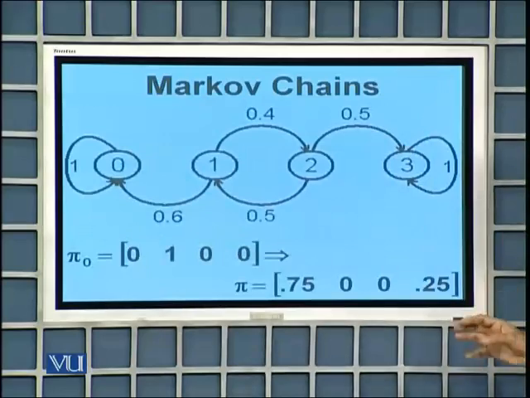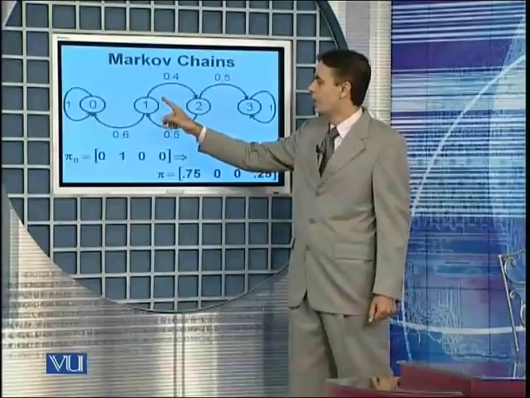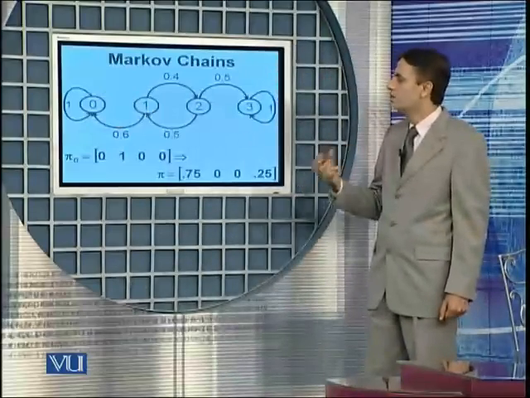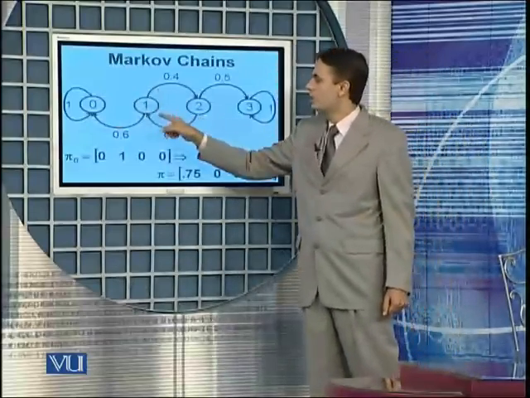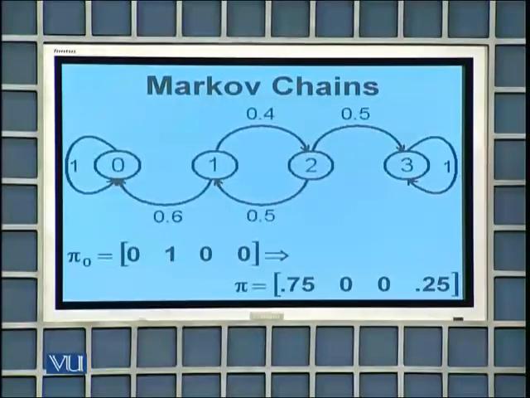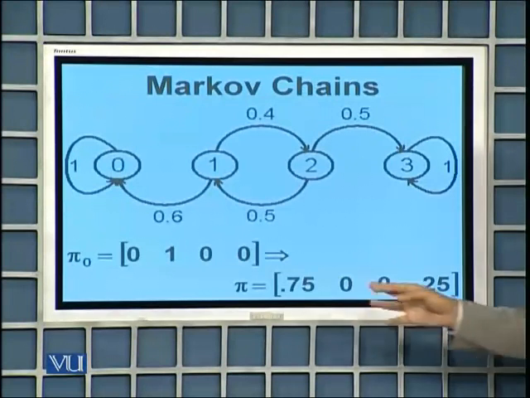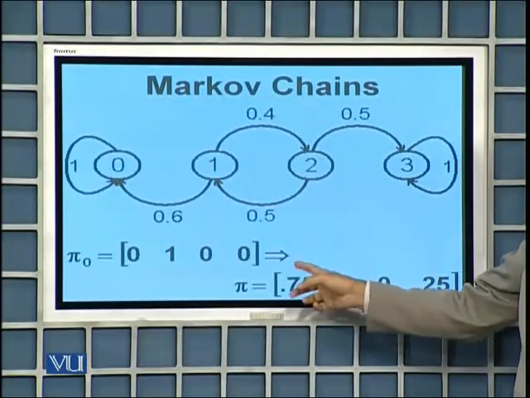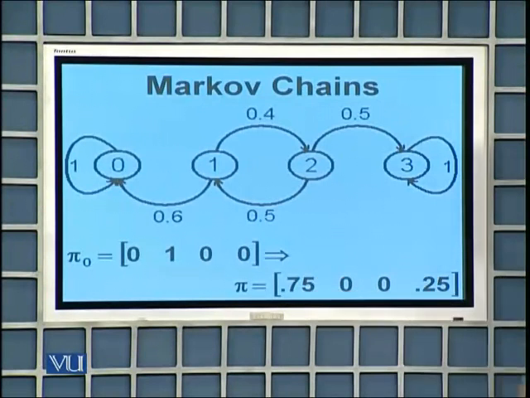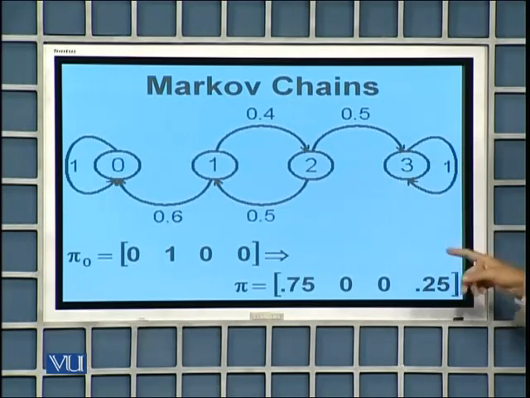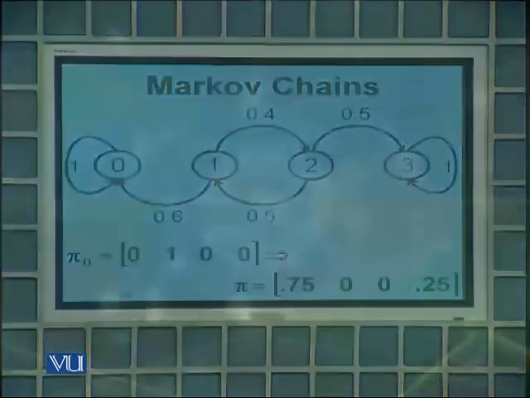Hence, the probability of starting from here and getting trapped in the nearby state is much higher than the probability of reaching here and getting trapped in state 3. So if we start from state 1, the probability of getting trapped in state 0 is 0.75, represented by the long-term stationary distribution, and the probability of getting trapped in state 3 is 0.25.